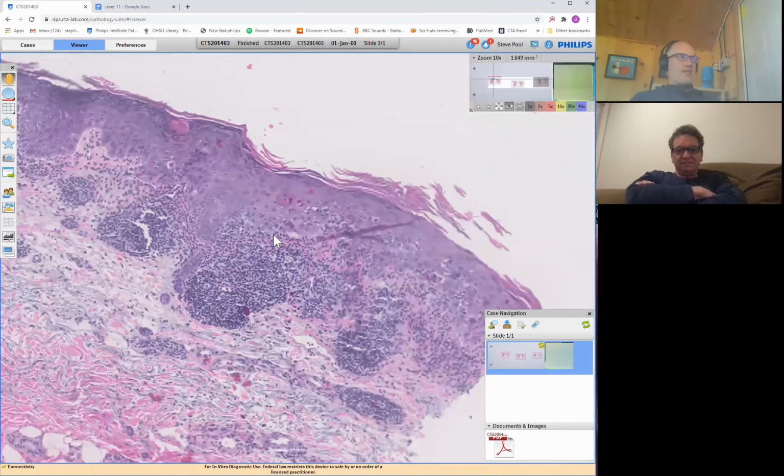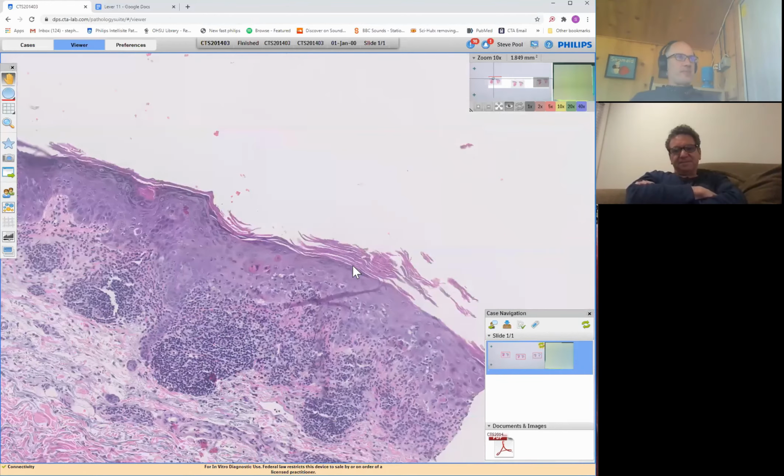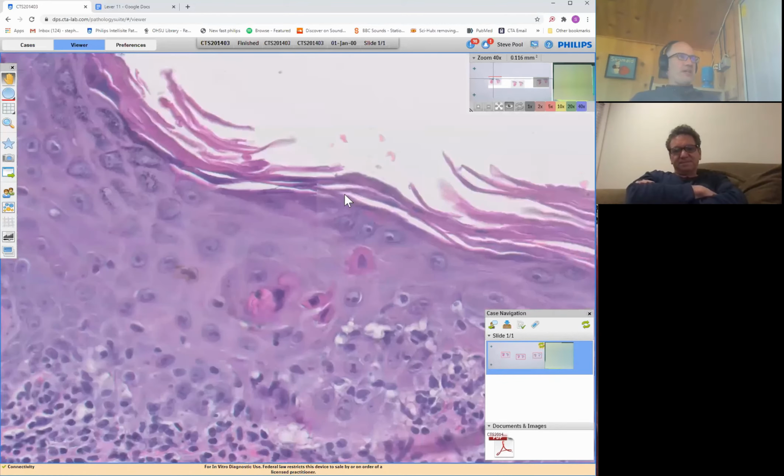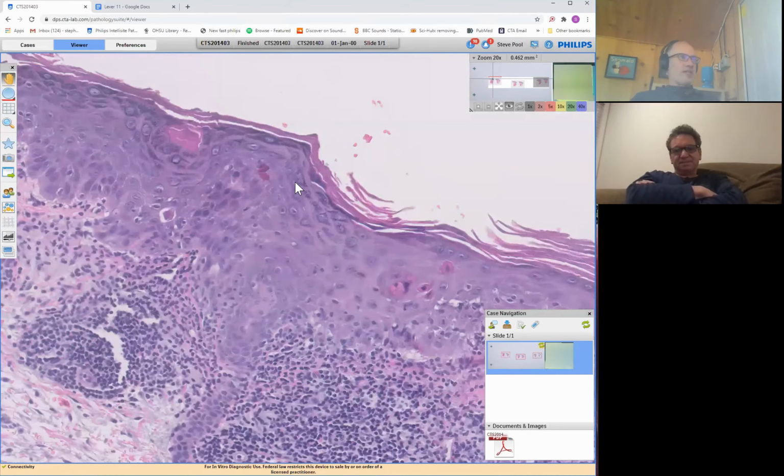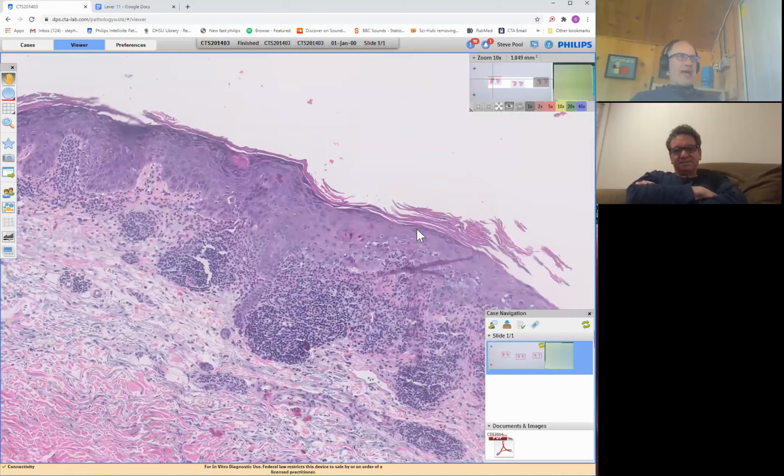So this one at low power actually looks more like you would expect for hyperkeratosis, some hypergranulosis that you could push into a wedge-shaped category with some imagination, a more band-like lymphocytic infiltrate which obscures the dermo-epidermal junction.